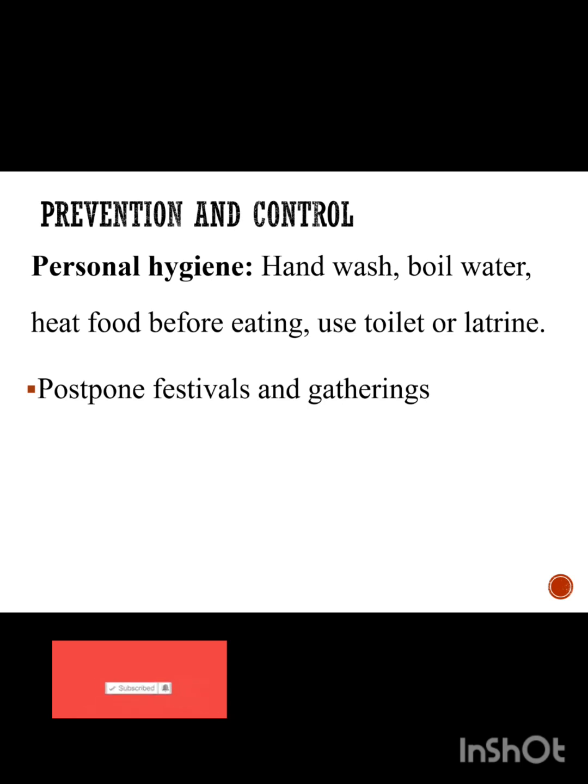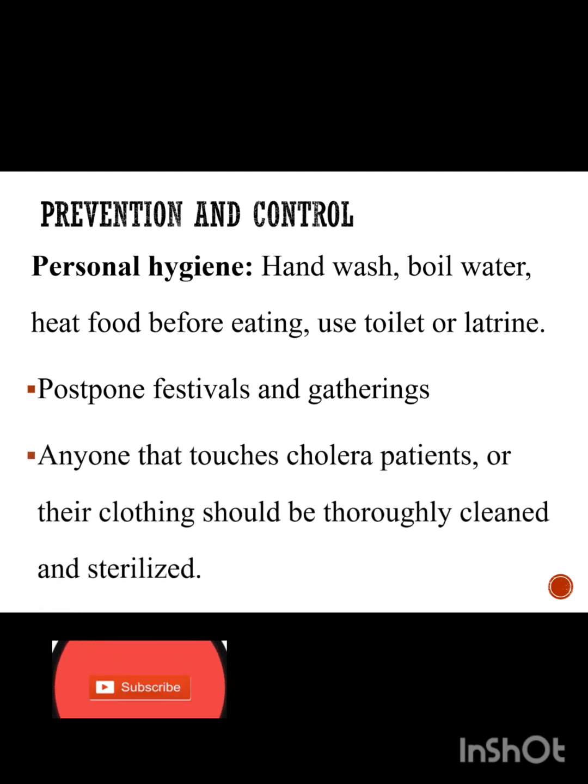If there are birthdays, kitchen parties, or any social gathering, in case there's a cholera outbreak, you need to postpone or cancel these gatherings because there is a possibility of increasing the spread of infection in such gatherings. Okay, then anyone that touches cholera patients or clothing should be thoroughly sterilized, because this patient is at risk of spreading that infection.